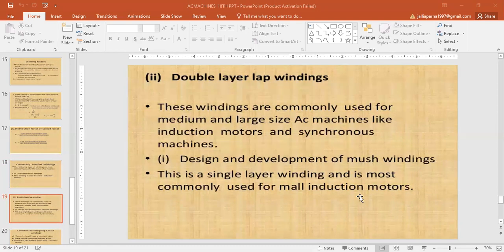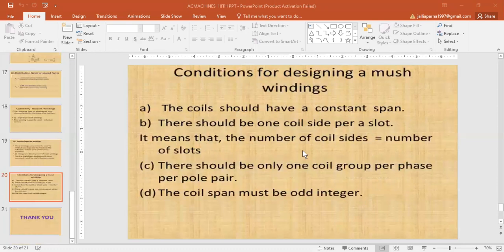Conditions for designing a mesh winding: the coil should have constant span.